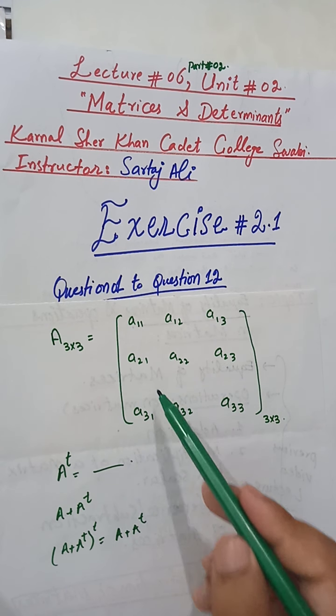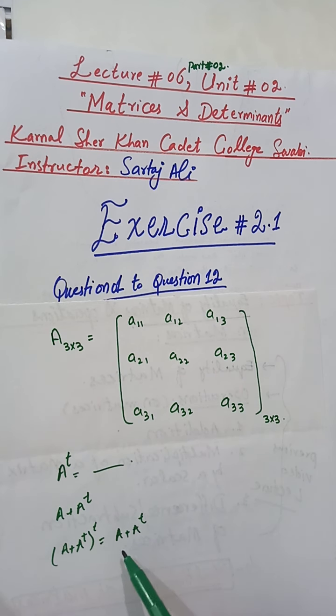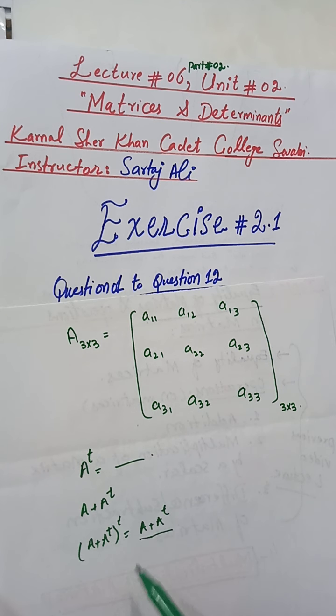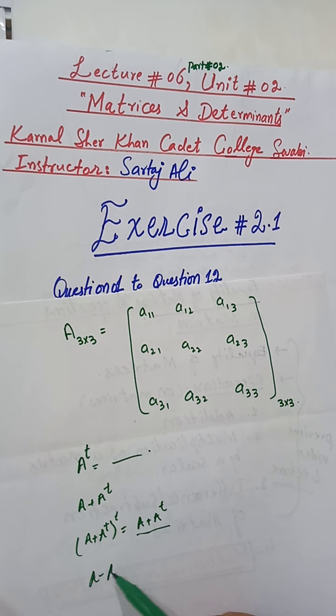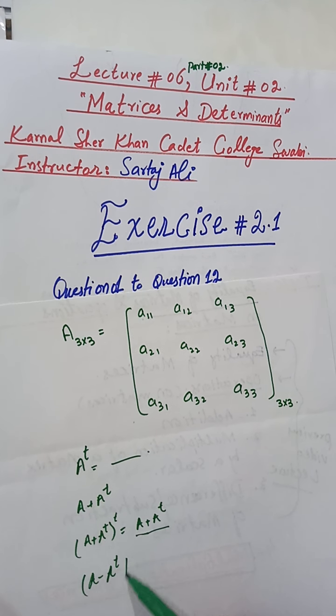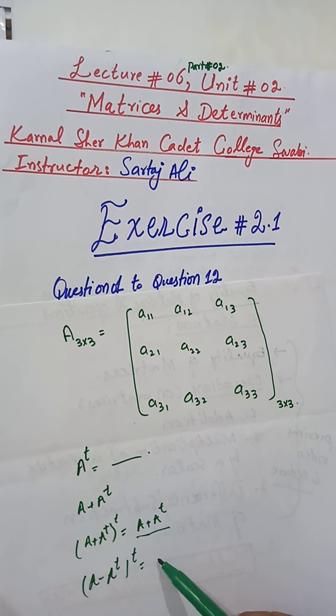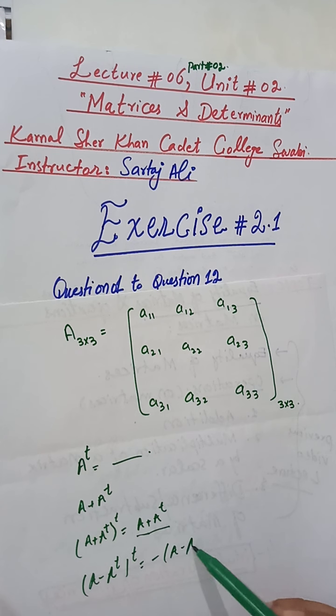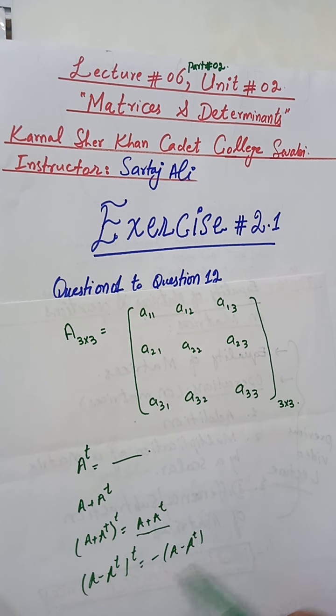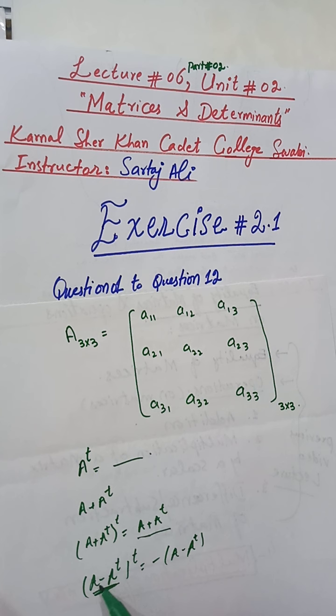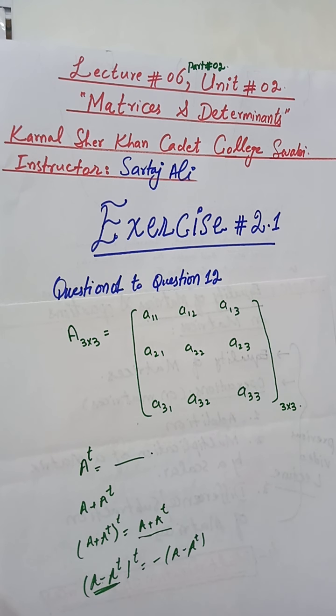So we say that this is a symmetric matrix. After that, we found the difference A minus A transpose and took its transpose, which is equal to minus times A minus A transpose. So we say that A minus A transpose is skew symmetric.